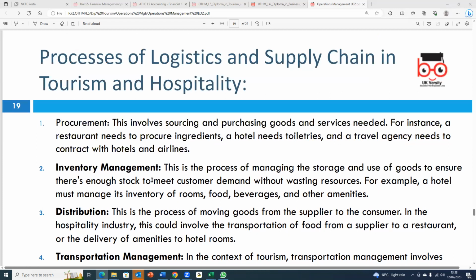It's very important. All these toiletries and travel agency arrangements require planning. It is all connected with the hotels, airlines and their needs.